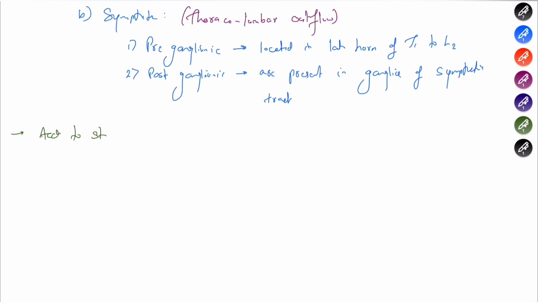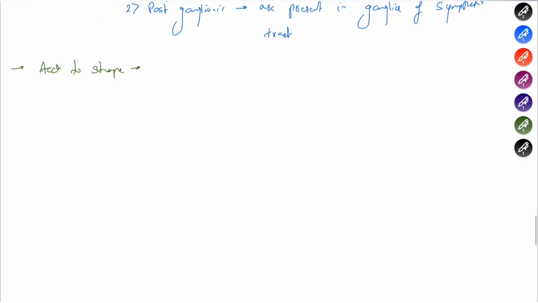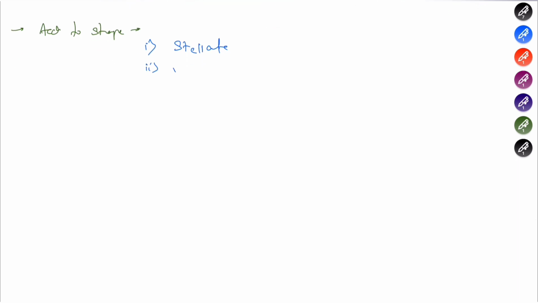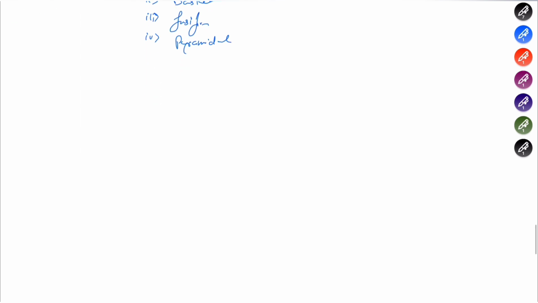It may be stellate, or in the shape of a basket, or fusiform and pyramidal, and on the basis of size it may be macro or micro.